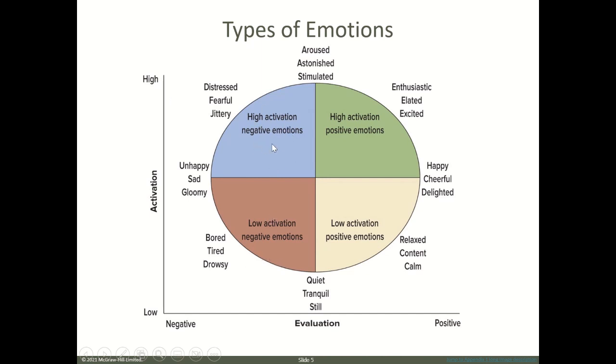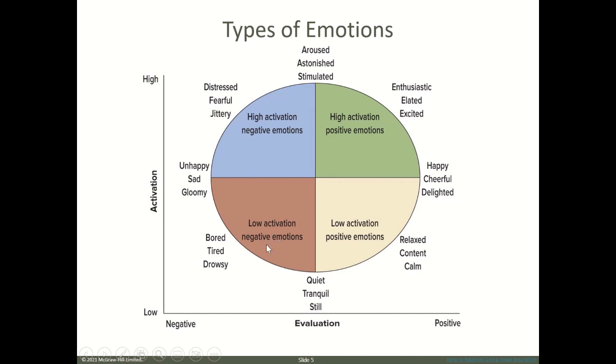If there is high activation and the evaluation is negative, then you can say fearful, distressed. And on the other side, if there is high activation and positive emotions, it means enthusiastic, elated and excited people. And these are the emotions.